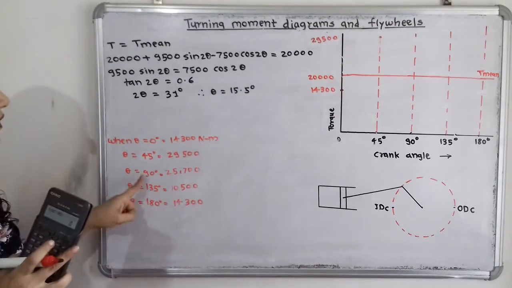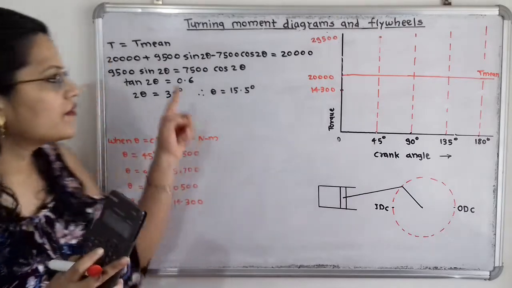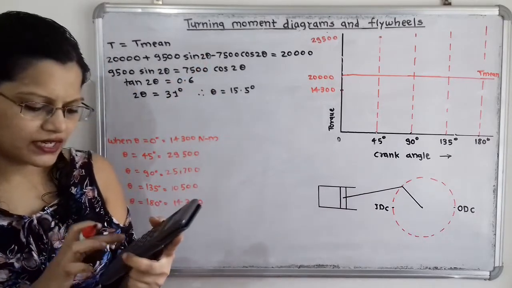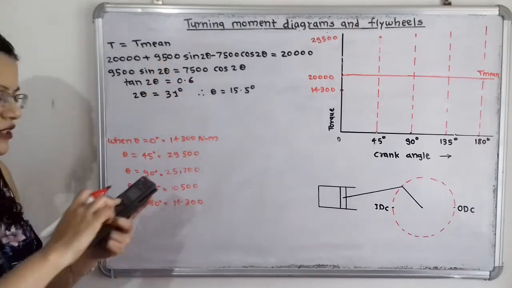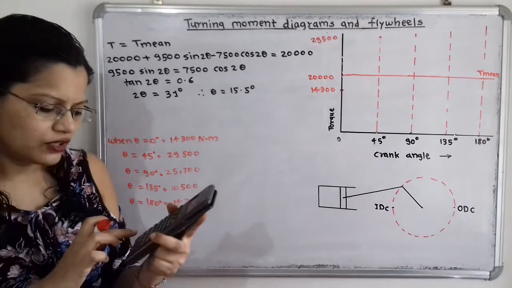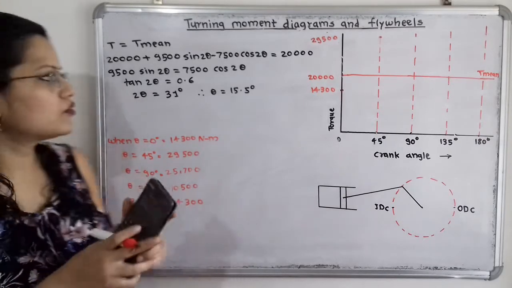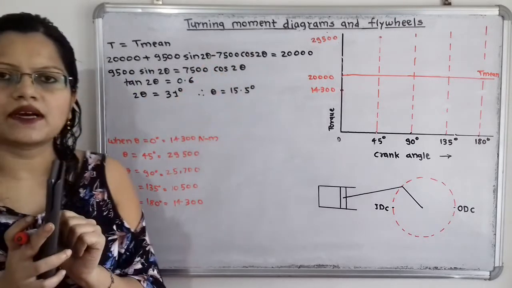Now for 90 degree, we will take 2 theta, that is 180 degree. Sine of 180 is equal to 0, so this whole term will become 0, and cos of 180 is minus 1. If cos of 180 is minus 1, this minus minus will become plus.